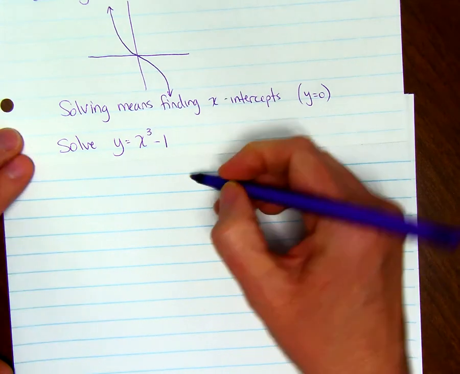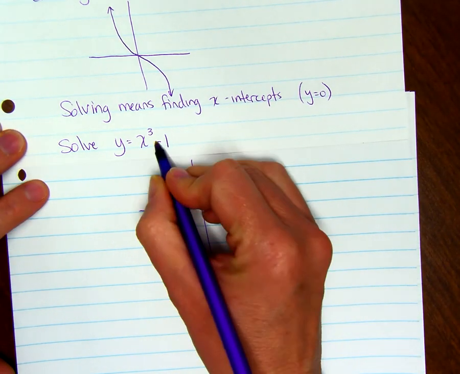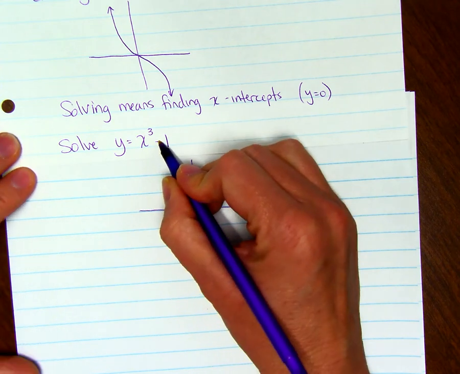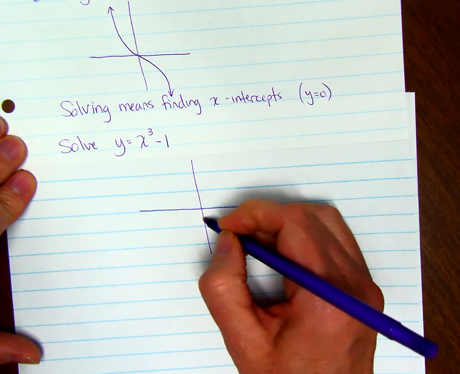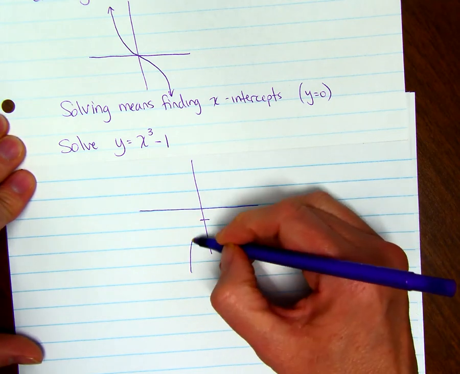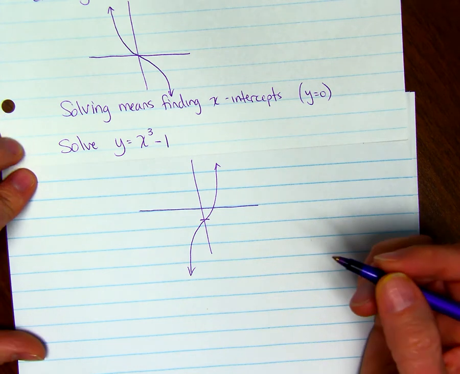First I know that this looks like a cubic function that has been vertically shifted down 1 unit. So it looks just like the parent function, we just go down 1 unit.